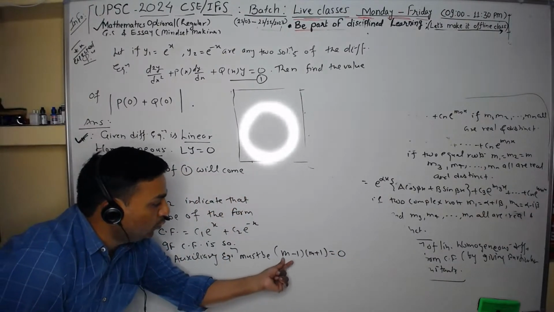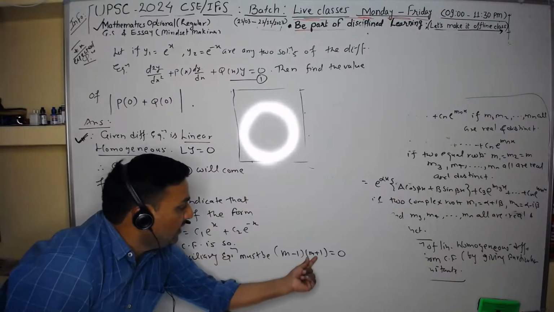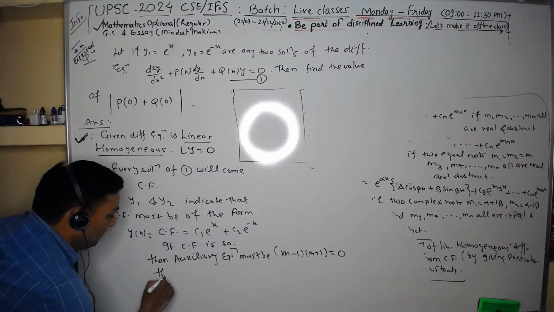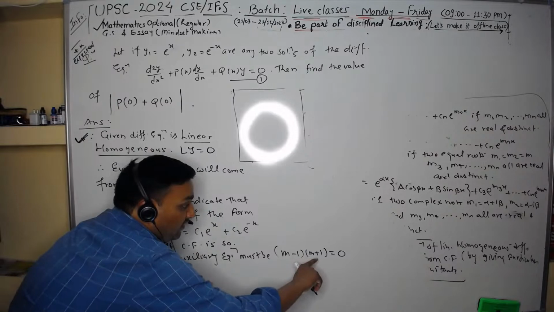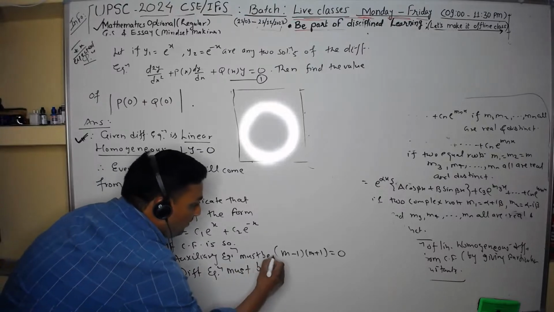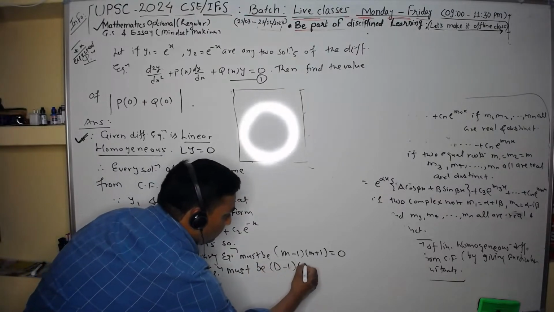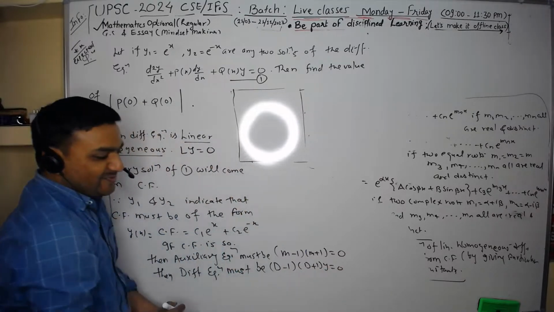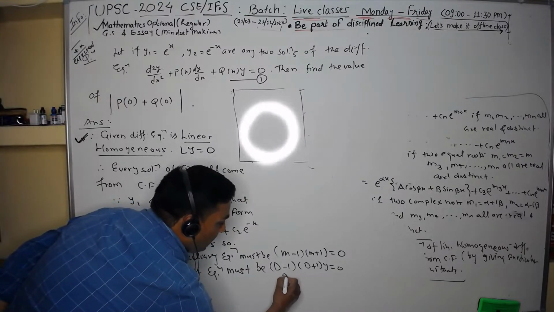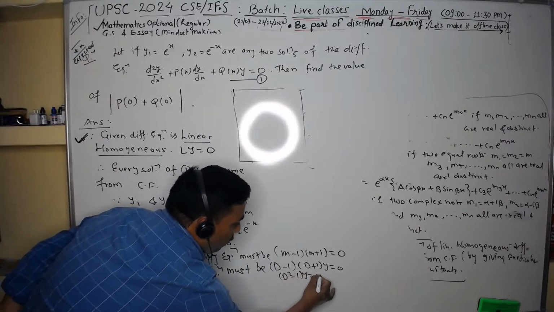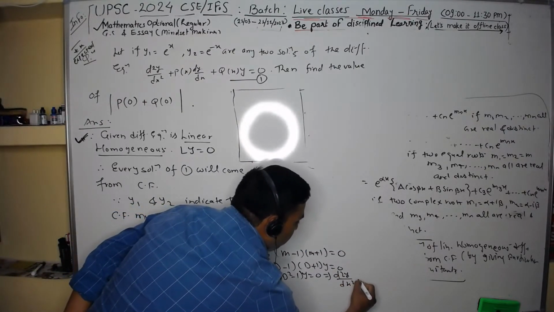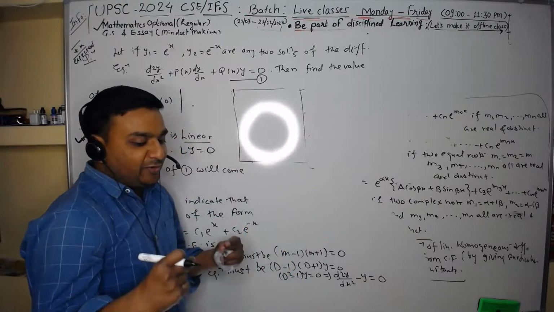Then only you will get the root as m equals to 1 and m equals to minus 1. चलिए, then if auxiliary equation is like this, then differential equation must be, m किससे रिप्लेस करते थे? If differential equation like this, this means D square minus 1 into y equals to 0. This implies d2y over dx square minus y equals to 0.